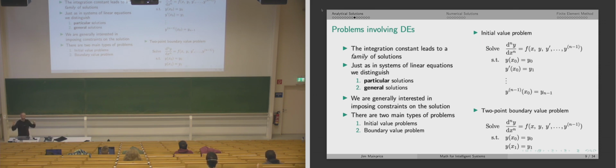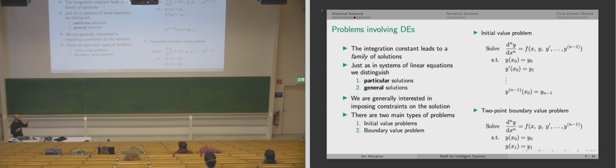Now you want to determine what should be the initial velocity such that your integral curve hits the position at the end. So you have a family of solutions which, depending on the initial velocity, will specify all the solution curves that you can have.